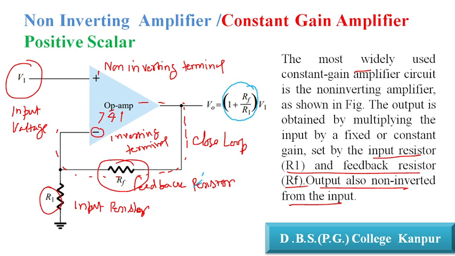We covered in lecture number 5 the inverting amplifier, and lecture number 6 is especially the non-inverting amplifier. Both lectures are very important for undergraduate and postgraduate students of MSc Physics as well as MSc Electronics, and for the competitive exams of all Indian universities, JEE, and especially GATE and CSIR NET Physics. We are trying to complete the lecture in all manners, with numerical calculation as well as theoretical aspects.